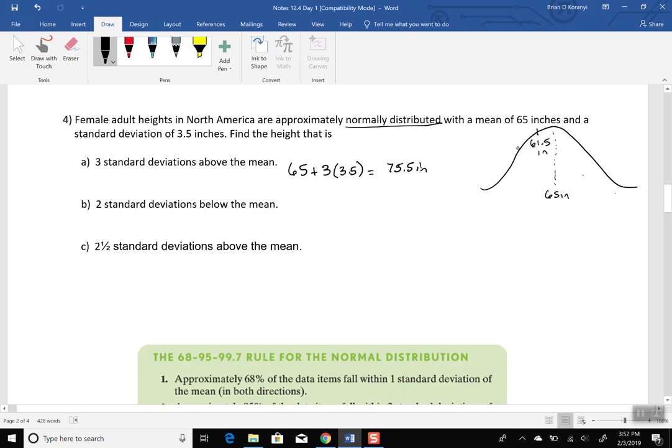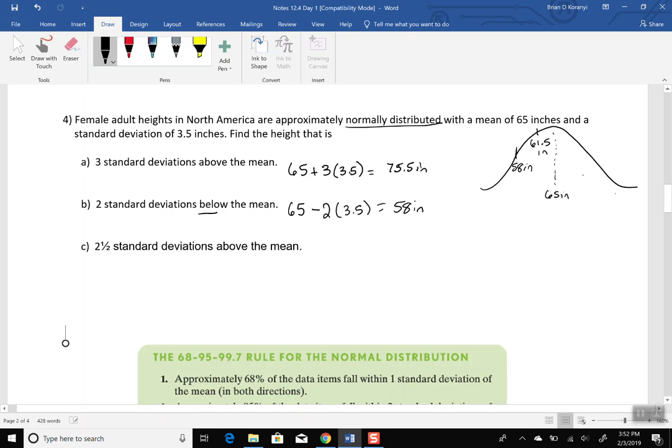And then if I again subtracted 3.5, that would put me at 58 inches. So 58 inches is the height that's 2 deviations below the mean. Because I'm below the mean, I start at my center and subtract, going to the left, 2 deviations, each valued at 3.5, which would put me at 58 if my math was right.